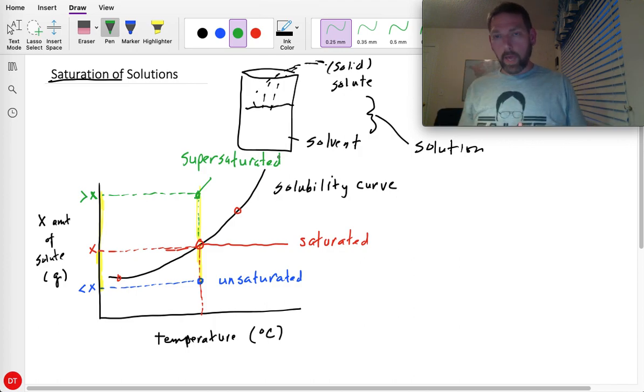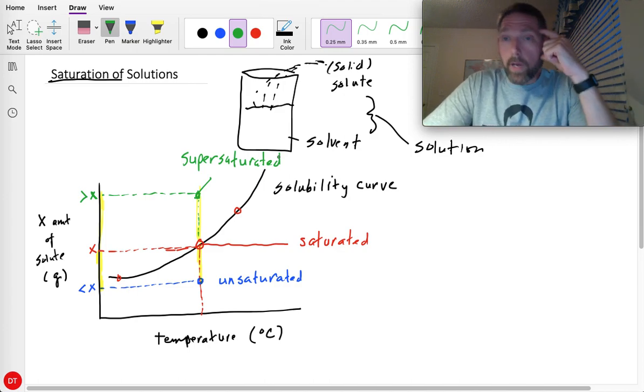So when we do look at a graph that has specific solutes and specific temperatures, we can get specific amounts, and then we can actually look at this.